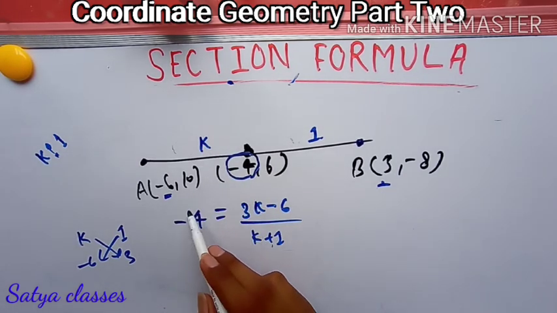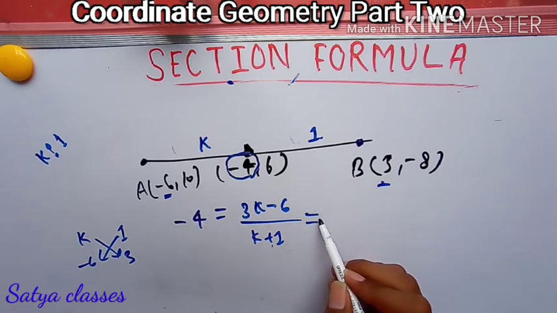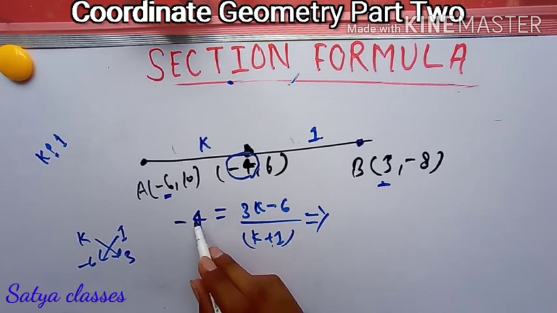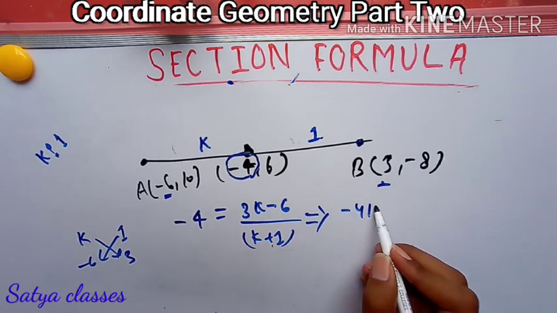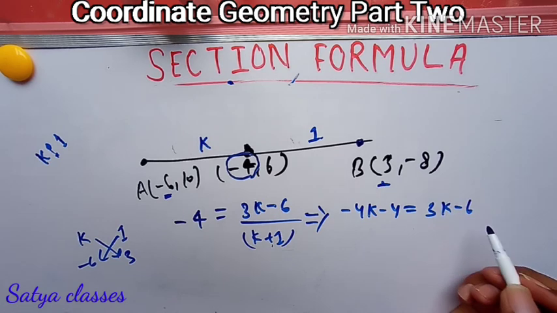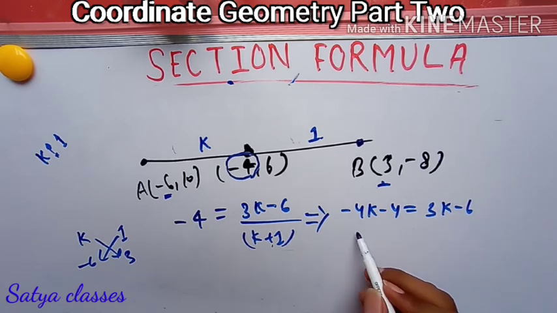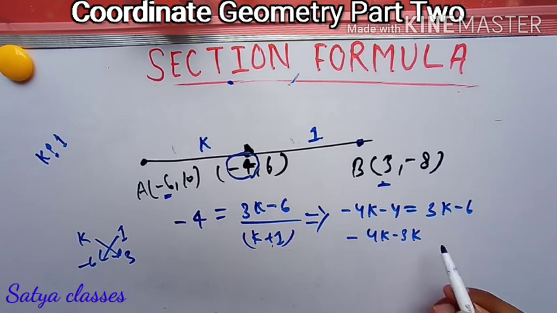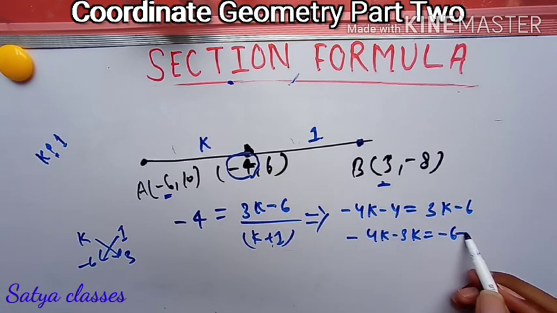Now solve this equation. This implies that k plus 1 goes to the other side, so it becomes minus 4k minus 4, equal to 3k minus 6. Make it homogeneous. 4k plus 3k is equal to minus 6 plus 4.